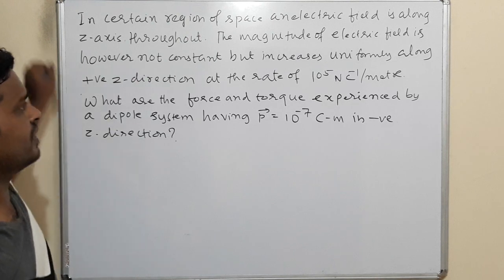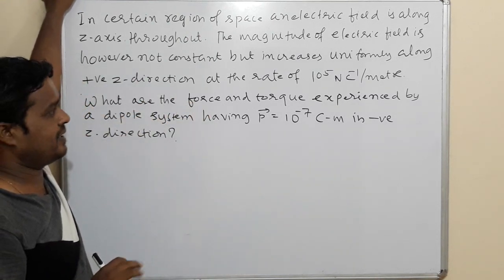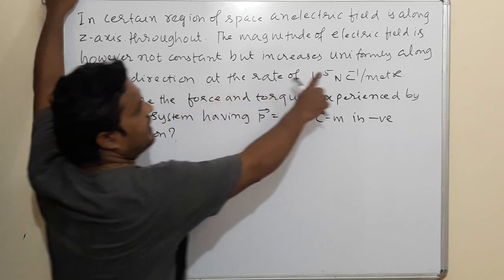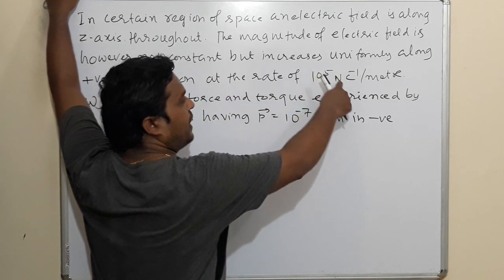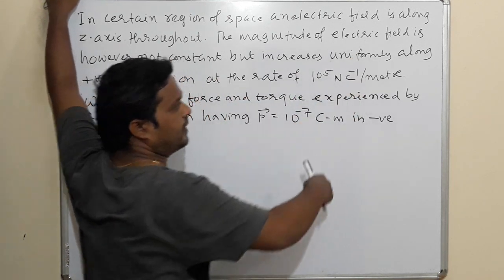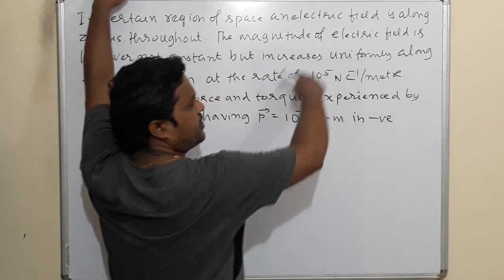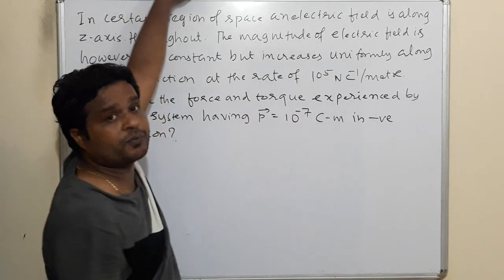This is very important. See, here the electric field is not constant. It is varying. It is changing. It is increasing uniformly at the rate of 10 raised to 5 Newton per coulomb per meter. For every meter, electric field is increasing by this much. Means, how to write the rate of change of electric field?